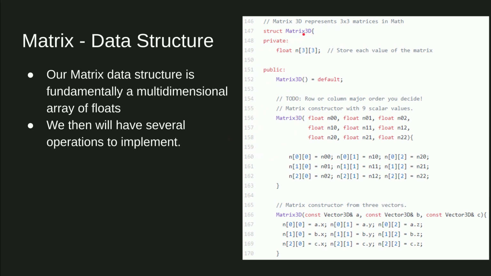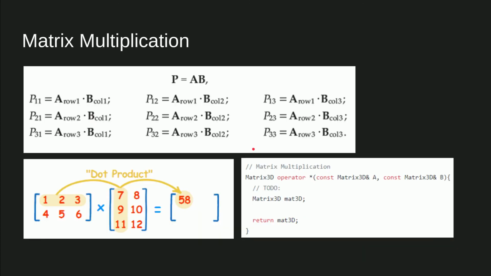But here's what your data structure looks like. We're going to do a 3 by 3 matrix here. Here's setting up the constructor, and you can also instantiate it with 3 vectors. And these are our operations for you to implement.